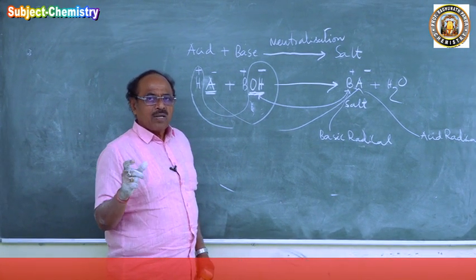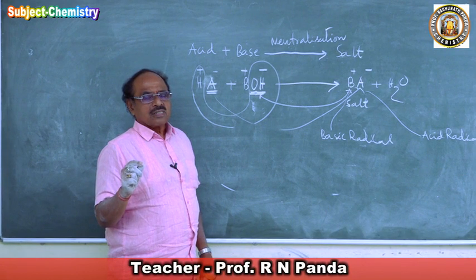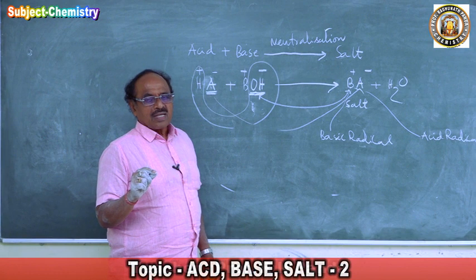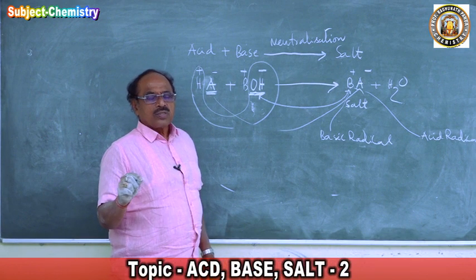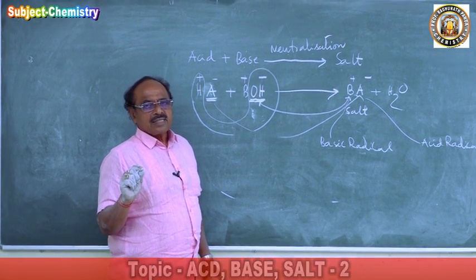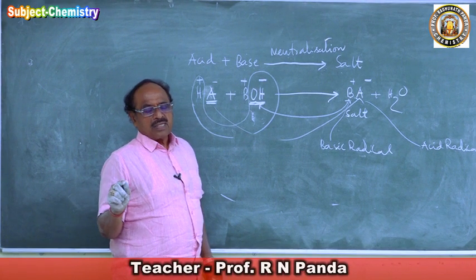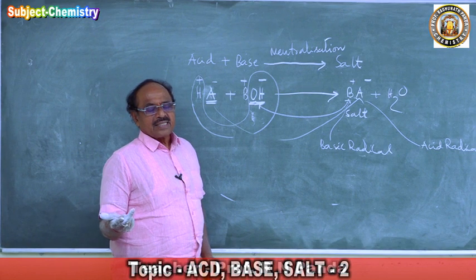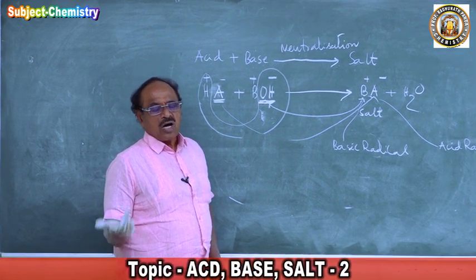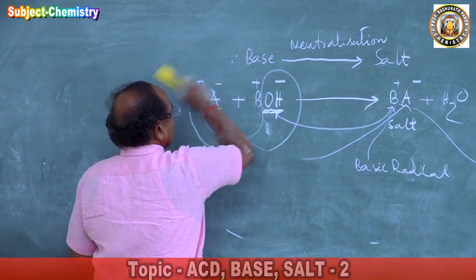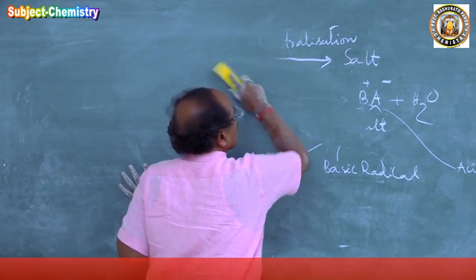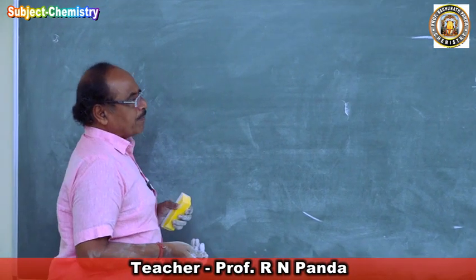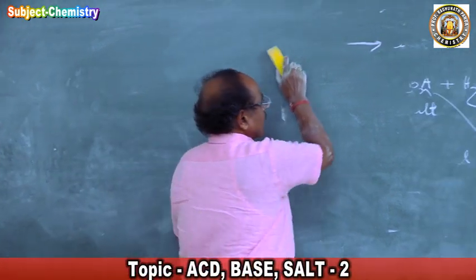So depending upon the nature of the acid and base that react to undergo neutralization, the salts formed exhibit different properties. Accordingly, they are basic salts or acidic salts. We'll come to this depending upon the nature of the acid.